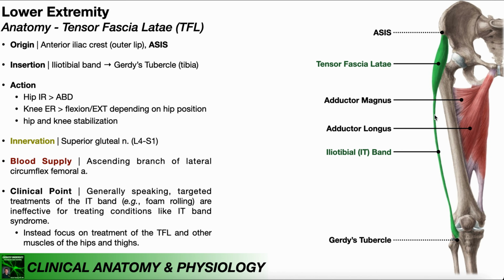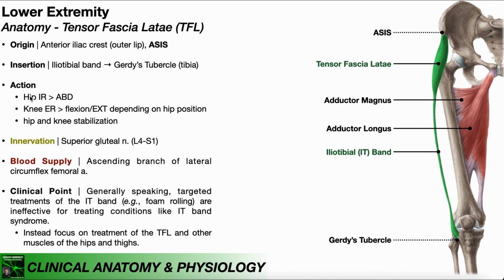And so they'll say that the insertion is more down here, down by the distal attachment of the IT band. And so you can see here that off of the anterolateral tibia, there's a small protrusion called Gerdy's tubercle, and that's actually the distal attachment of the IT band. So you might see the insertion of TFL as being either the IT band itself or Gerdy's tubercle on the anterolateral tibia.